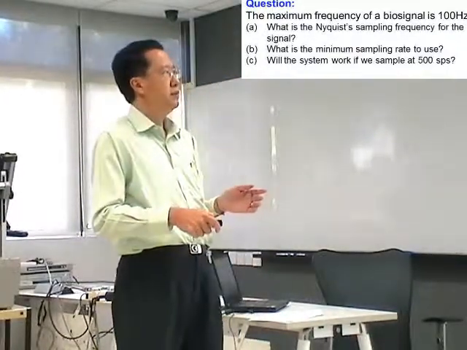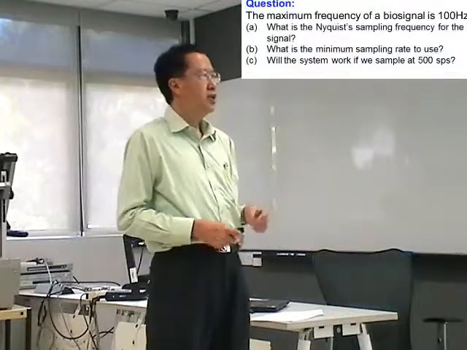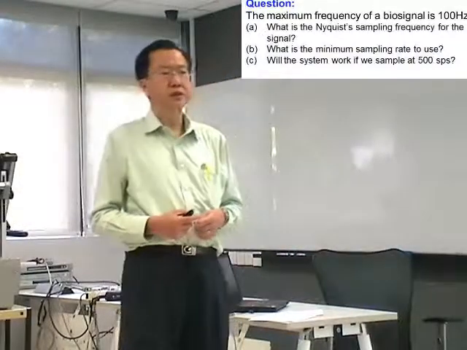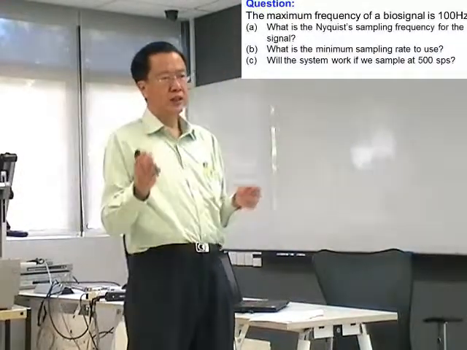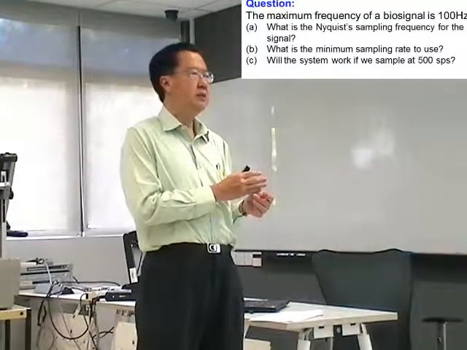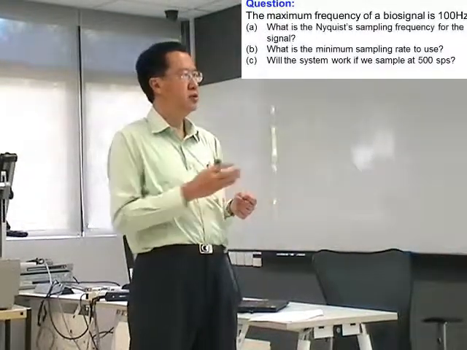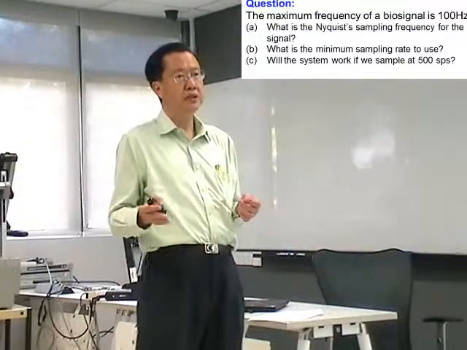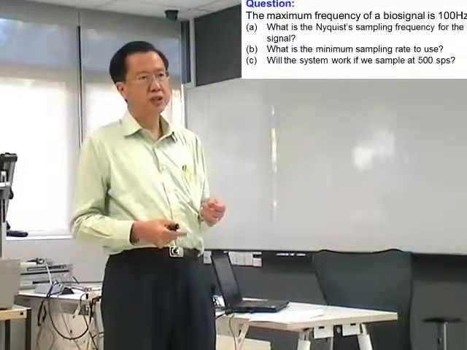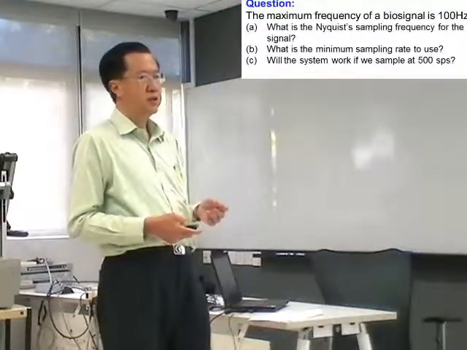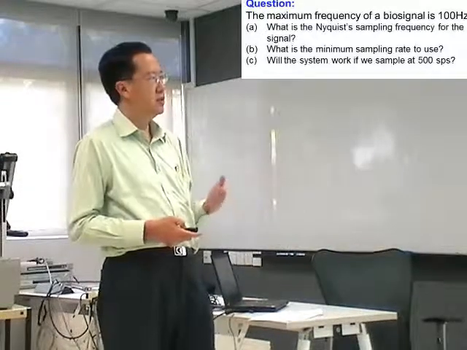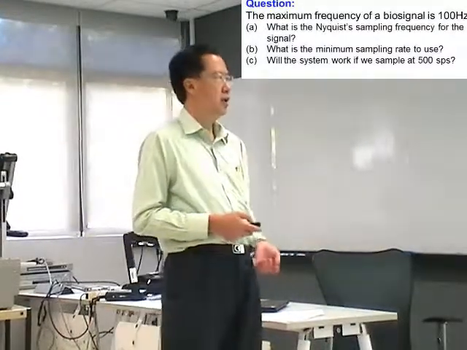Okay, twice, so there will be 200 Hz. What is the minimum sampling rate that you must use? You know that if you go lower than the minimum sampling rate, you will have error. So you know that the minimum sampling rate should be the Nyquist frequency, which is 200 Hz. So the answer to A is 200 Hz, the answer to B is 200 Hz.